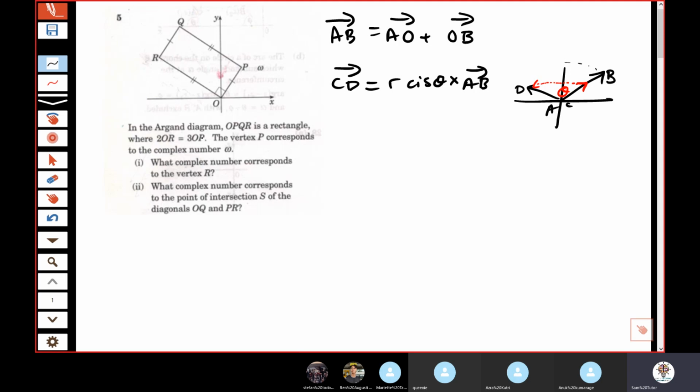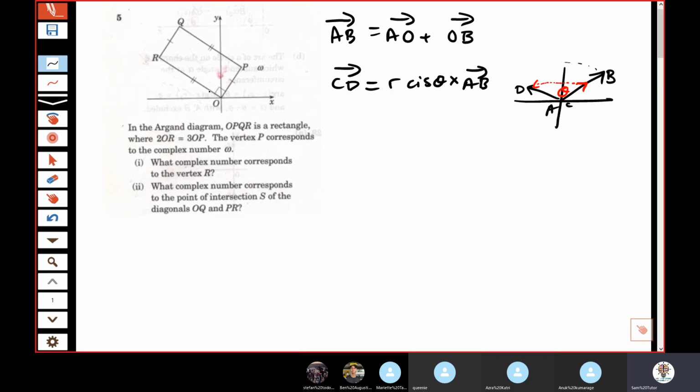In this case, in the Argand diagram, OPQR is a rectangle. Already there's a few things you've got to know about rectangles. They're right angled, opposite sides are equal, and so on. Where 2 times OR is equal to 3 times OP. It's usually confusing for students, but I think it makes sense.